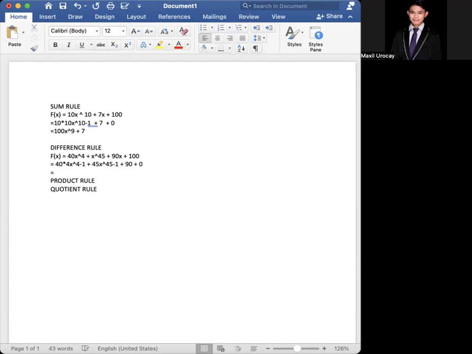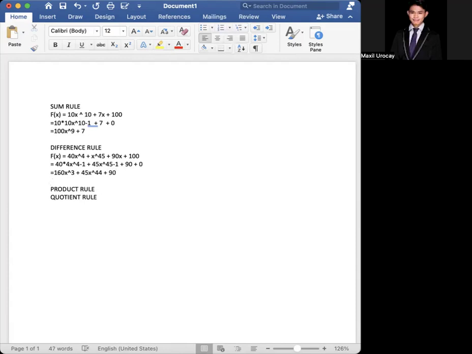So it will become 40 times 4, 160x to the power of 3 plus 45x to the power of 44 plus 90. That's how you will do it.